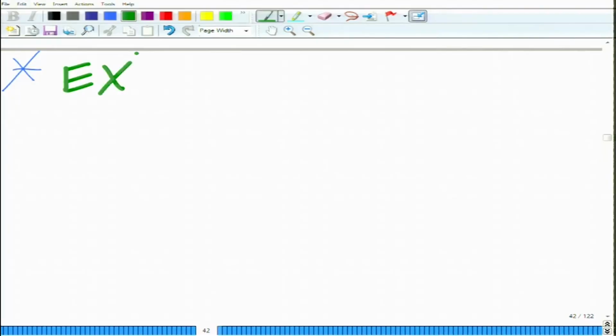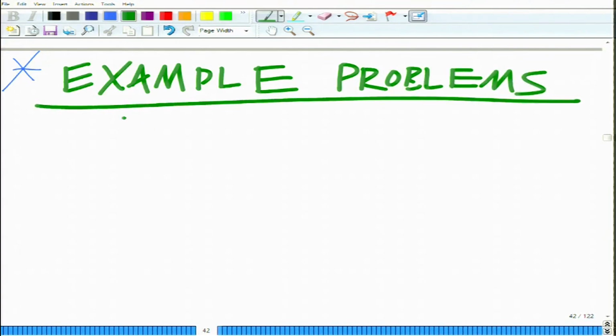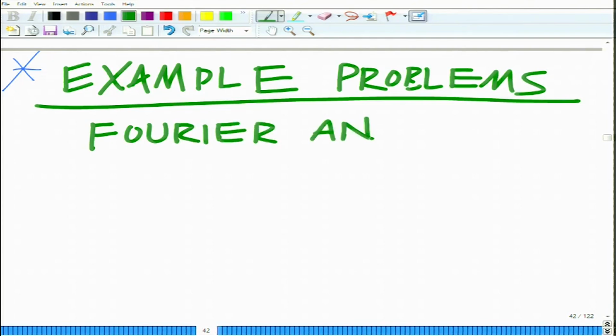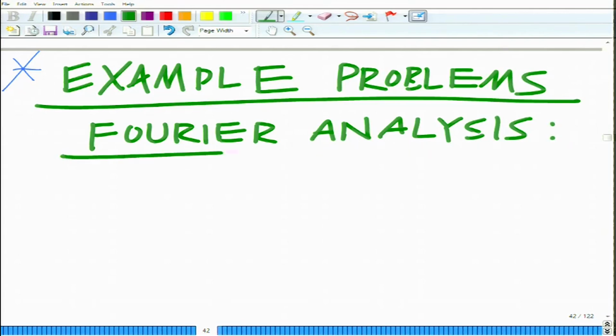Okay. So, let us start by looking at example problems for Fourier analysis, that is the Fourier analysis of continuous time signals and systems.